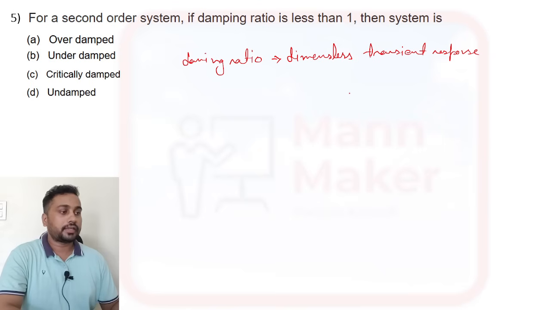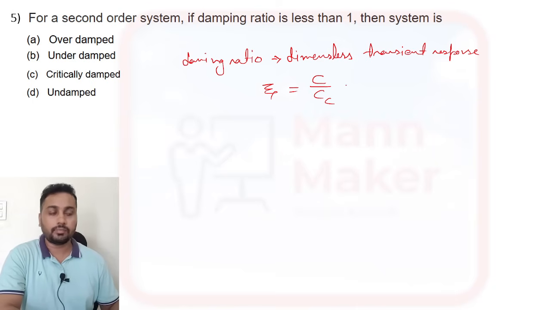If you see the formula for the damping ratio, we represent it with zeta. Zeta is equal to C by Cc, where C is what?